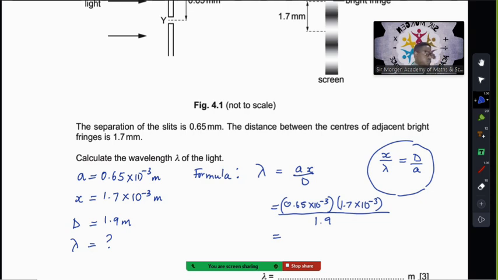1.9. This is equal to, it's just a matter of using the calculator there.